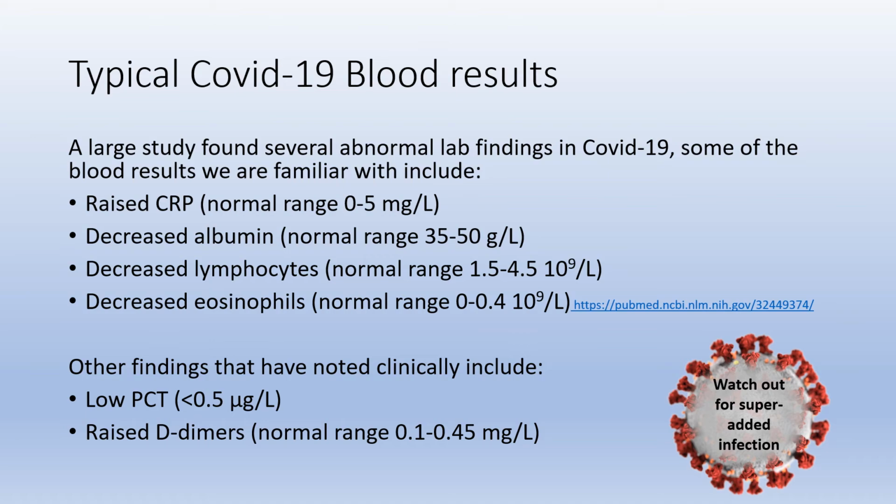We're often seeing, in most of our COVID patients, that it's quite low, unless they've got a superadded infection, and D-dimers are often raised, and we're getting lots of clotting issues with these patients. So certainly on intensive care, some of the complications we're getting with patients are large PEs, which in particular we've seen more in the second and third wave, and if somebody's suddenly deteriorating, that's something that is worth investigating.